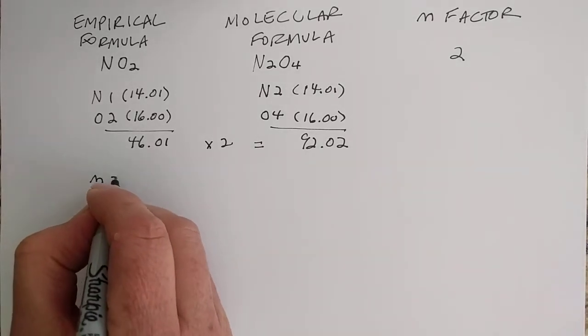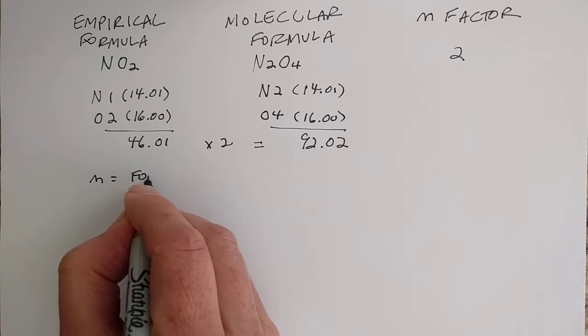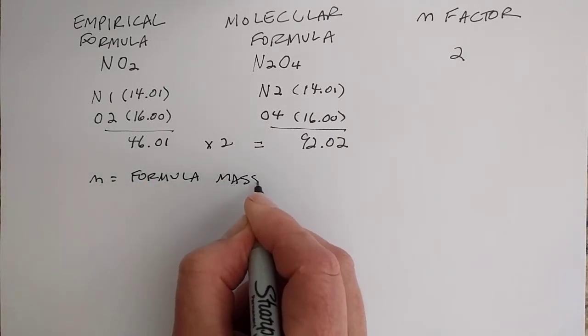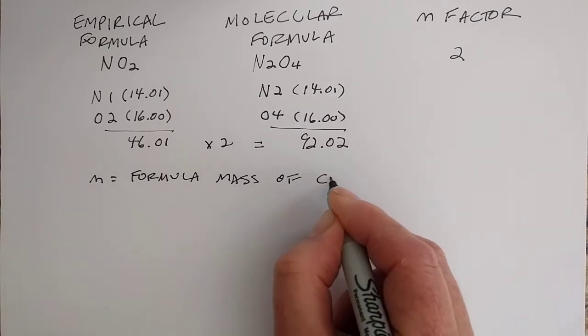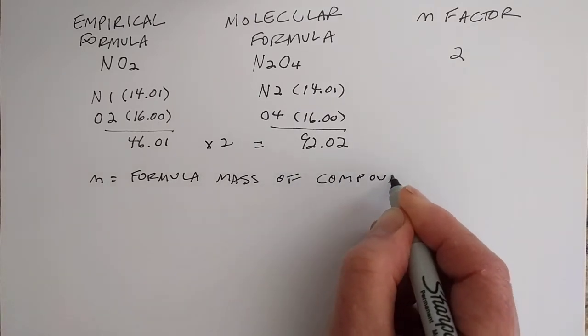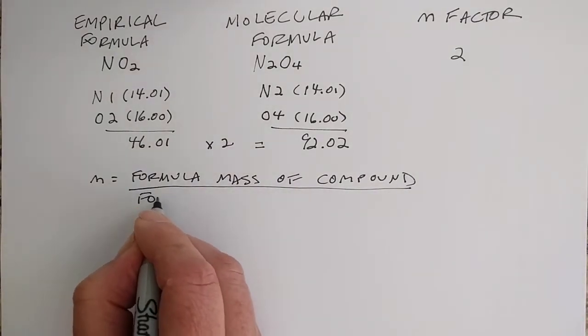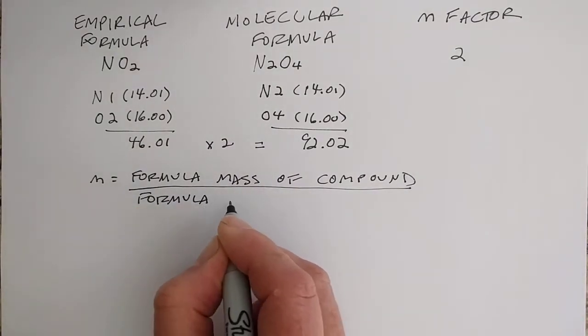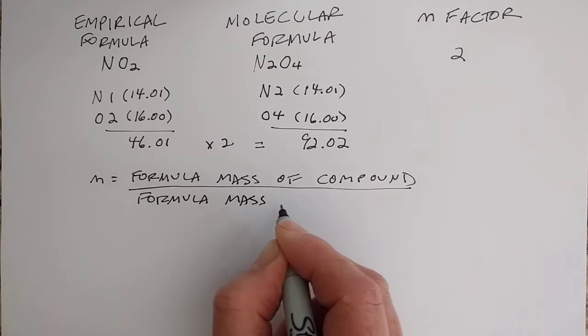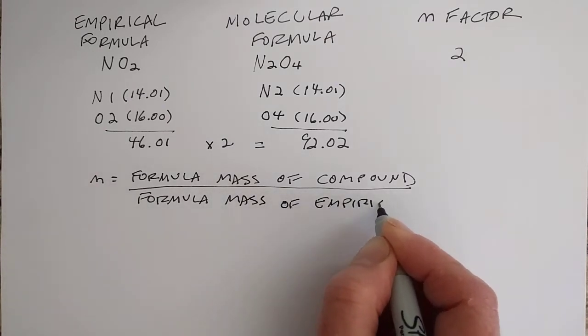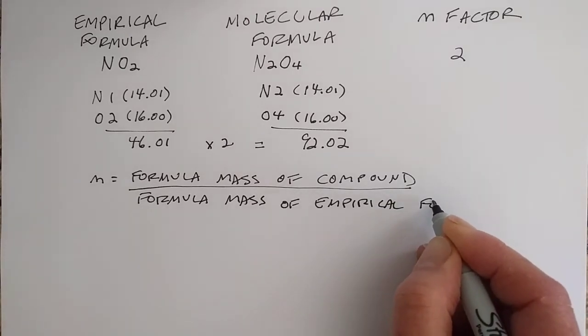Our N is equal to the formula mass of the compound divided by the formula mass of its empirical formula.